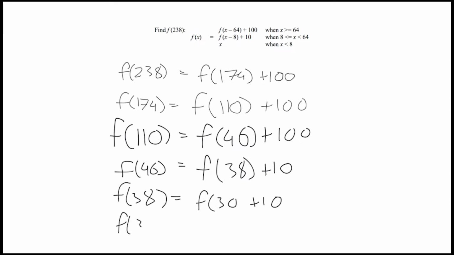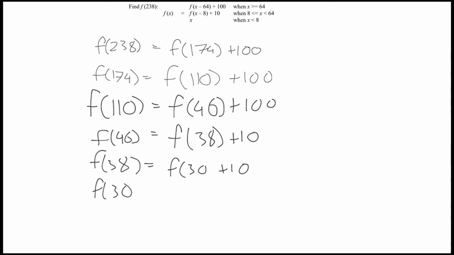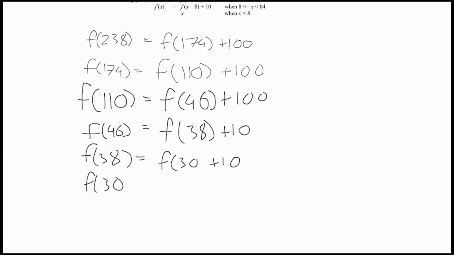And f of 30 equals f of 22 plus 10. And then we'll move to the side just so we can use the space more effectively.